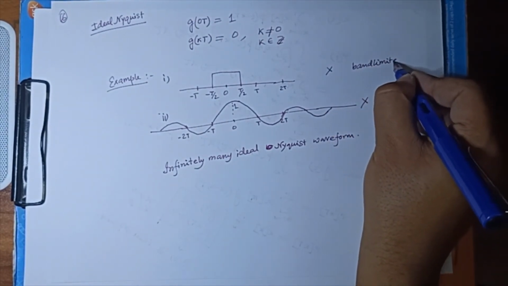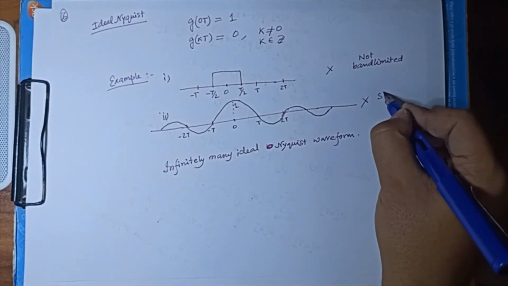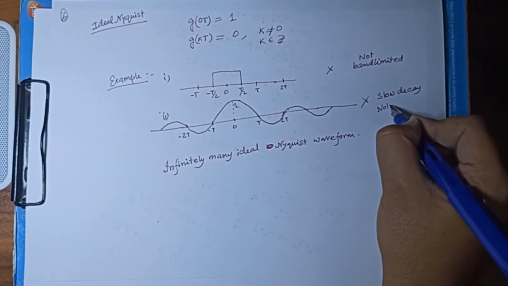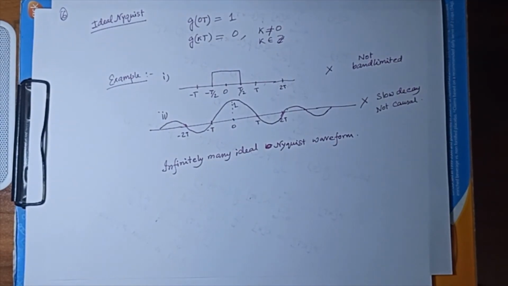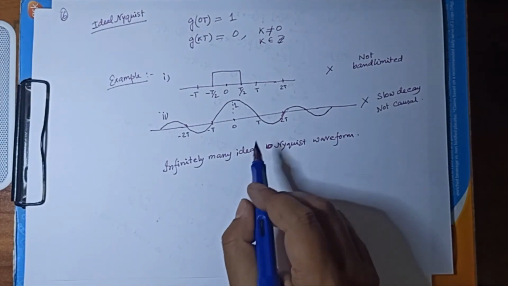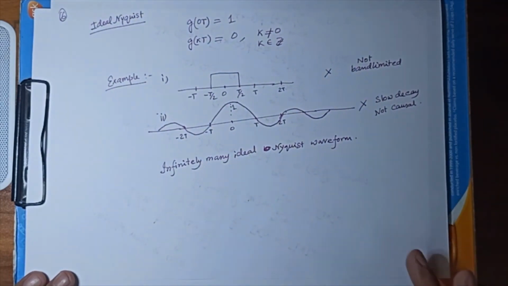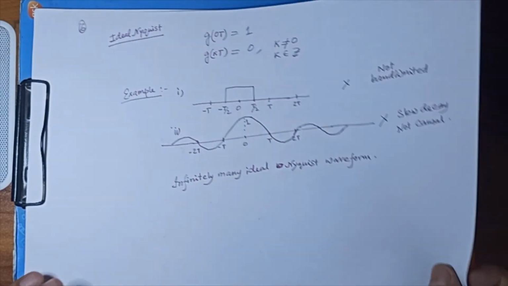And sinc has slow decay and is not causal. These are the issues. So we want something better. So let us now develop the frequency domain Nyquist criterion which will generate the ideal Nyquist waveform. Okay, so let us talk about the Nyquist criterion. Next.